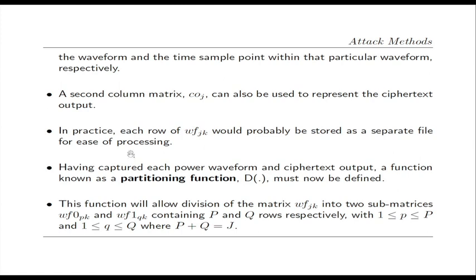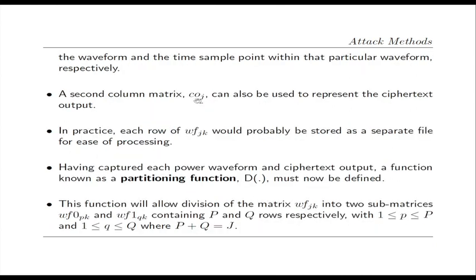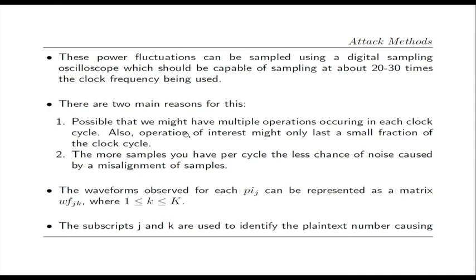We denote COJ as the corresponding ciphertext. So, the plain text is denoted by Pij, and COJ is the corresponding ciphertext, and this is the corresponding matrix, which is called the waveform matrix, due to the digital sampling of the power fluctuation. This is the waveform matrix WFJK.